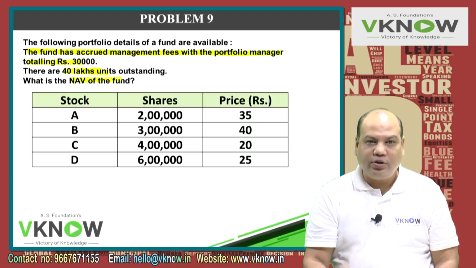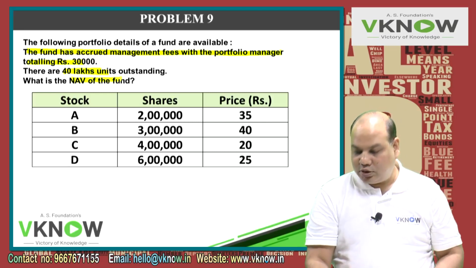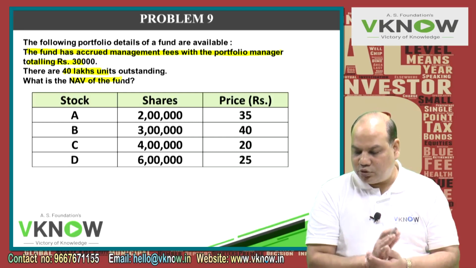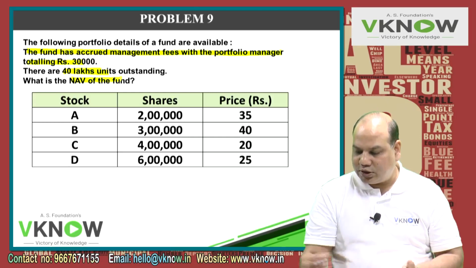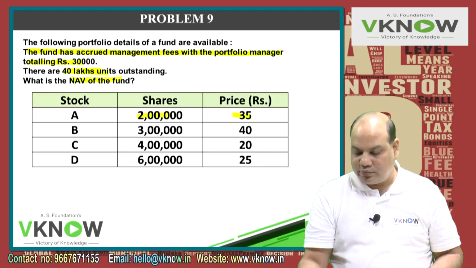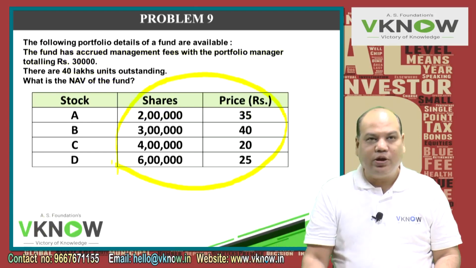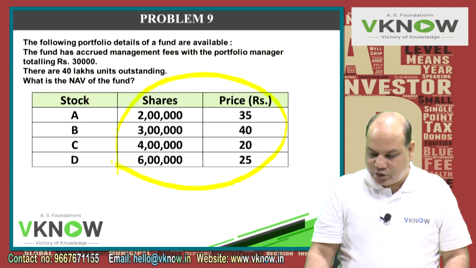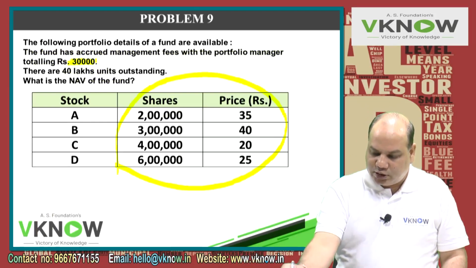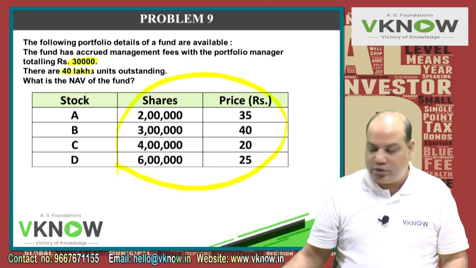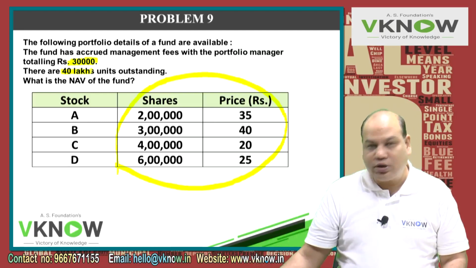What is the NAV? And then this scheme has only 4 stocks. Number of shares are given, price is given. So what we'll do? First we'll find out the value of the investment, and then we'll deduct the liability, and then we'll divide by 40 lakh units outstanding.